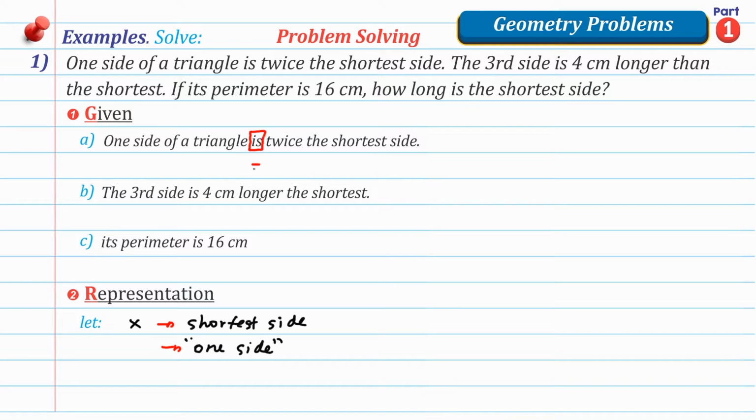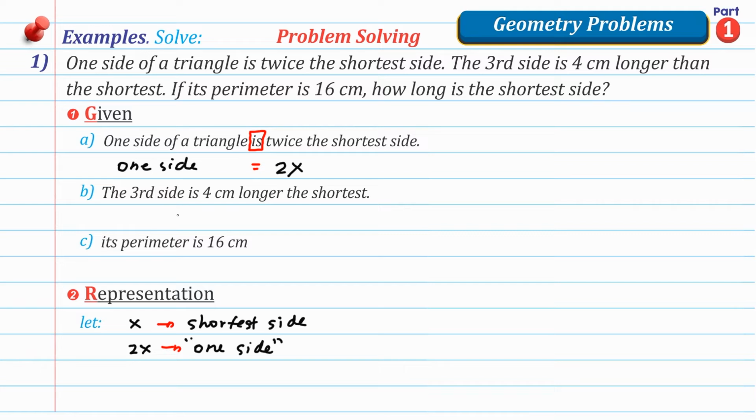Direct translation. Is means equals. On the left side is one side. Lalagay ko dyan. And then, is means equals twice the shortest. It's 2 times, yun ibig sabihin ng twice, the shortest. But we know the shortest side is represented by x. So it will become 2x. Kaya pala, we can represent one side as 2x and it's based from the first given.